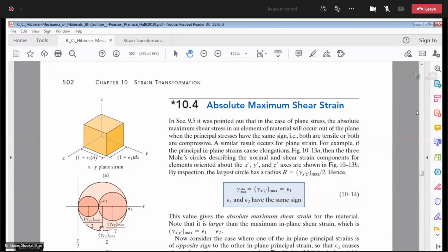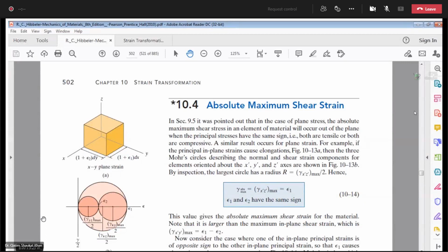It occurs out of the plane when the principal stresses have the same sign, meaning both are either tensile or compressive. If both are tensile, both positive, you will have the figure on the right side. If both are negative, you will have the figure on the left-hand side.